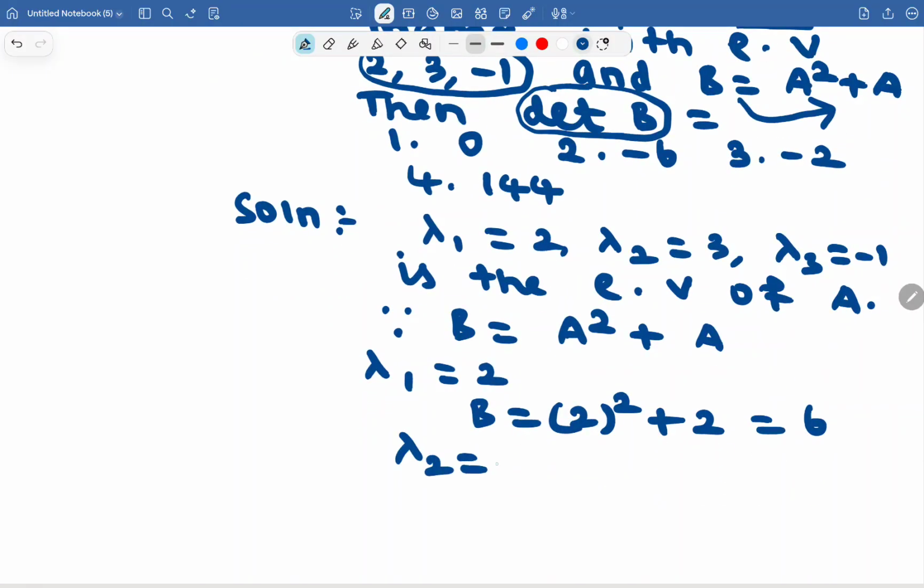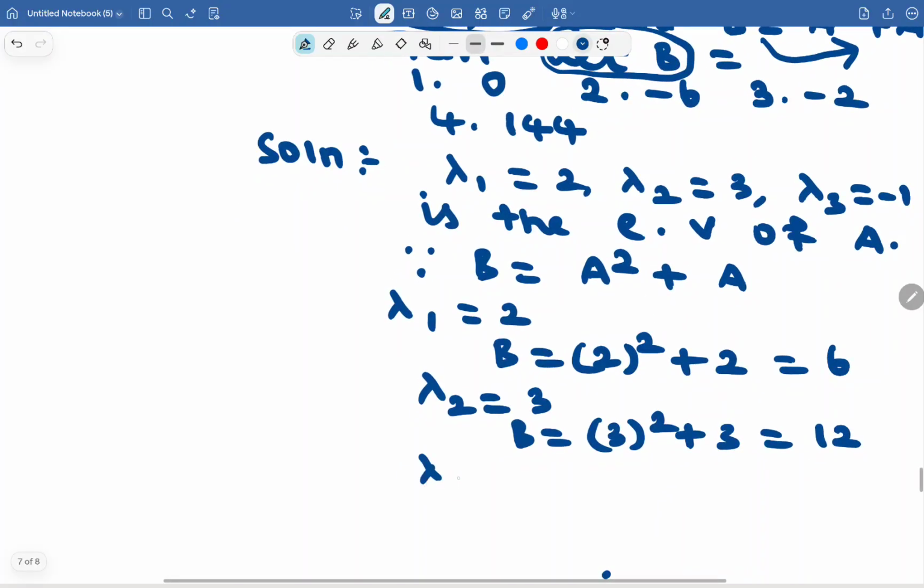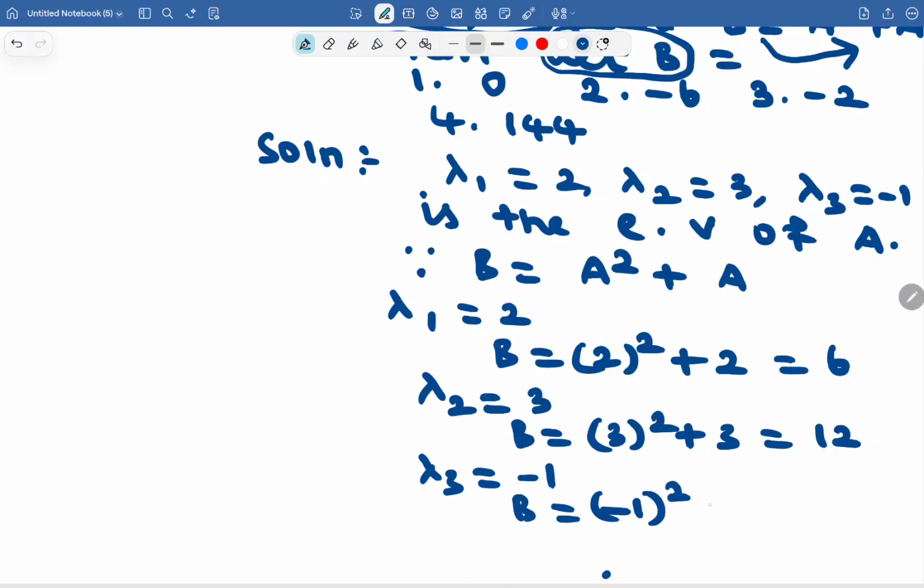For lambda 2 equal to 3, what is B? 3 square plus 3, 12. For lambda 3 equal to minus 1, what is B? Minus 1 square minus 1, 0.